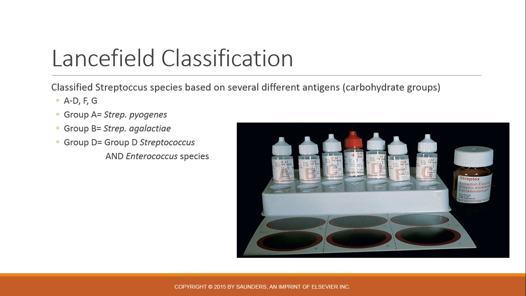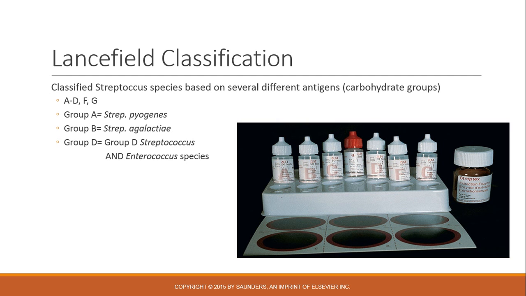And then you touch a colony of your unknown and spread it in each one of these circles. And if it agglutinates, it indicates the antigen is present, right? So if only A agglutinates, that means you have Lancefield group A on the surface, right?